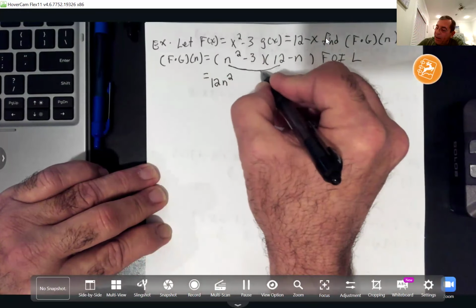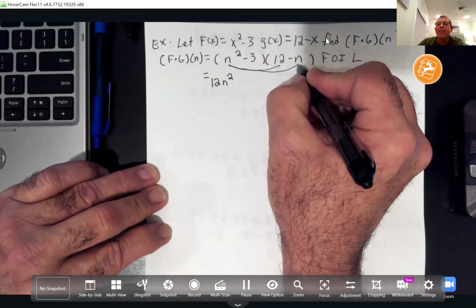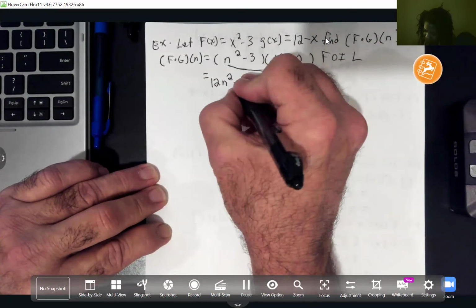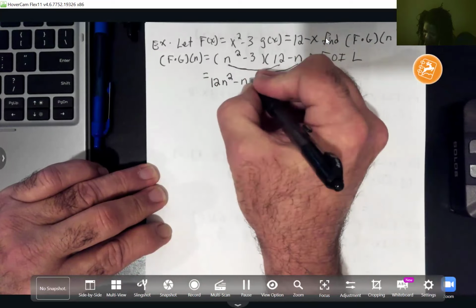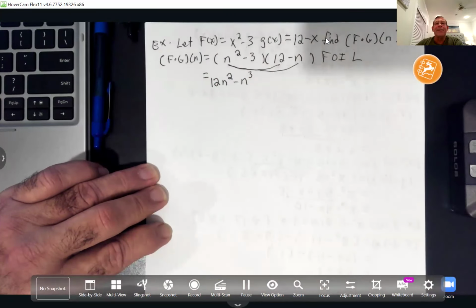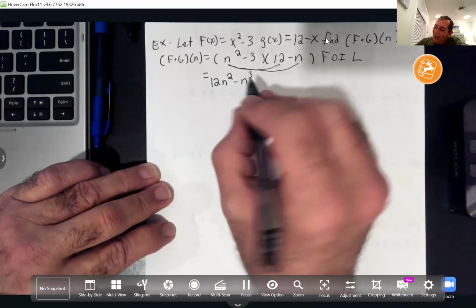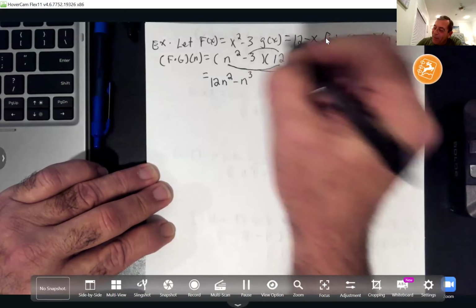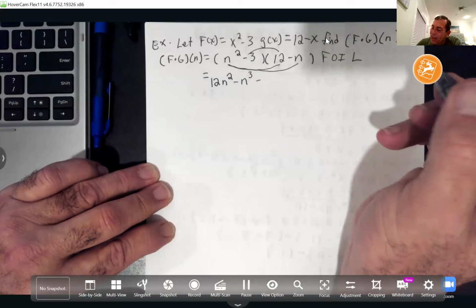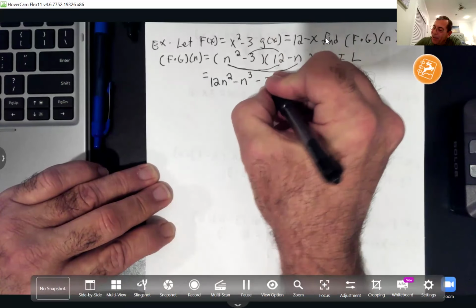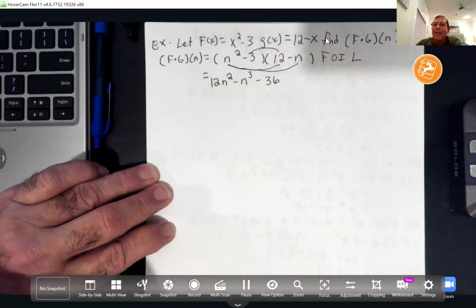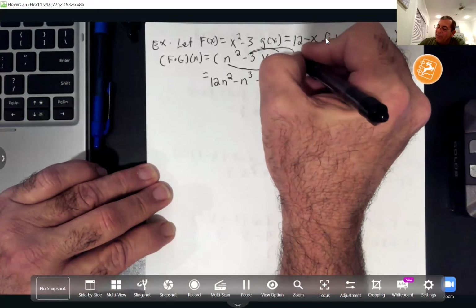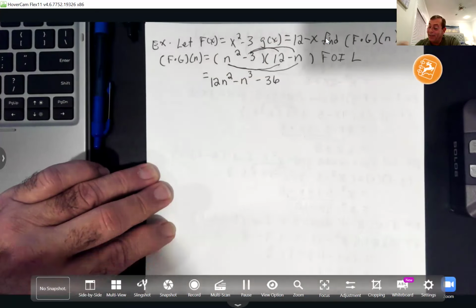N squared times a negative n is negative n to the third power. Good job. All right, now we got that negative 3 times 12. What's that? Negative 36.